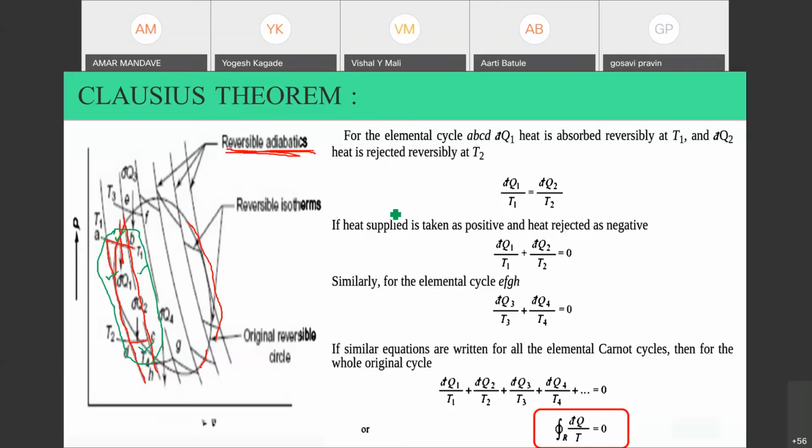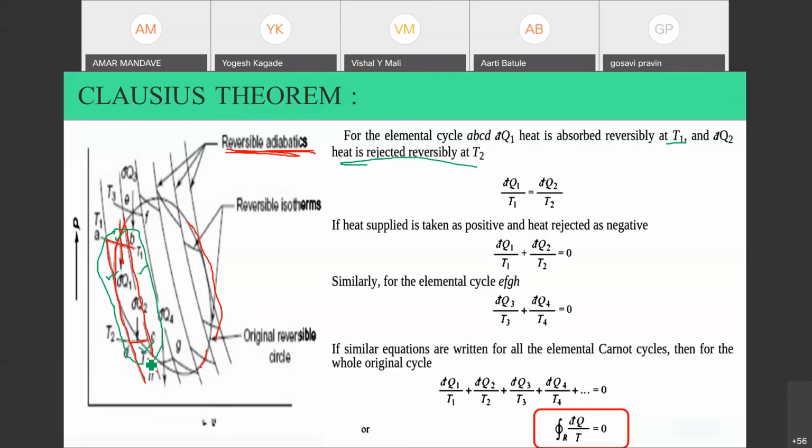So for the element cycle ABCD, dq1 is the heat added or absorbed reversibly at temperature T1, and dq2 is the heat rejected reversibly at temperature T2.